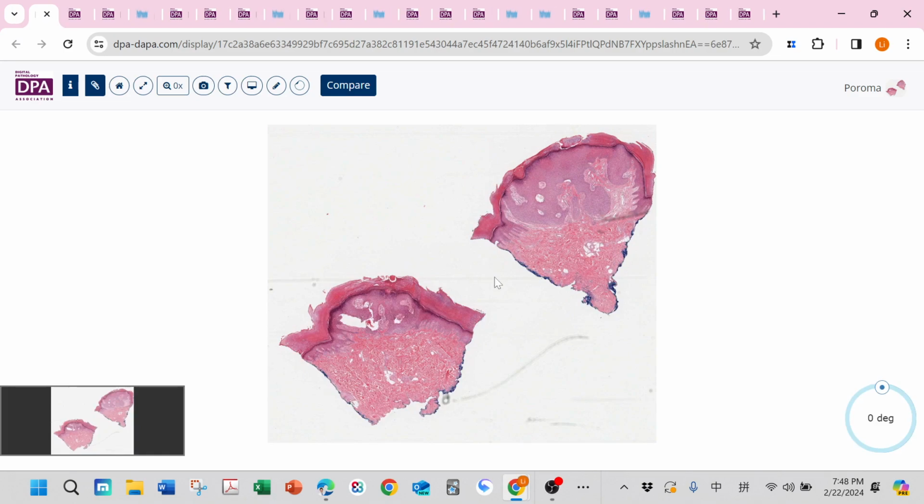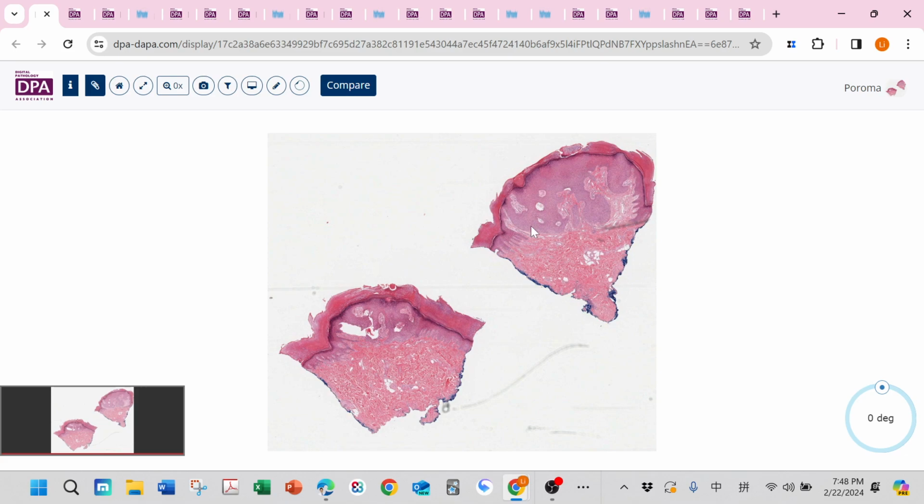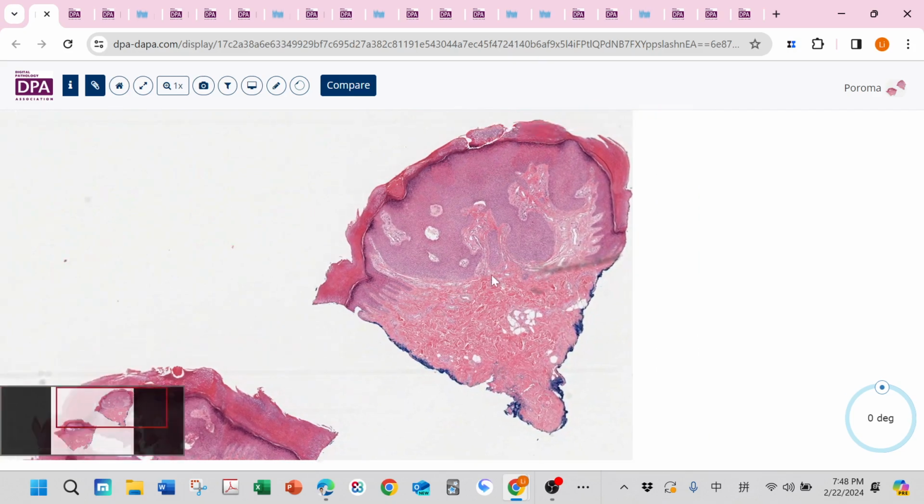Let's see one more example of poroma. This one is a little bit different, a little bit exophytic and also endophytic. And then this epidermis has anastomosing connections to the dermal components.